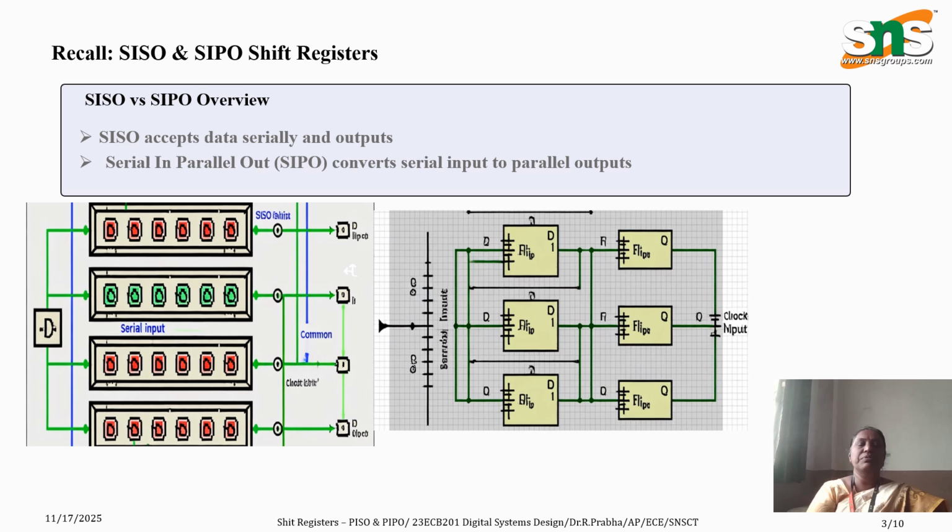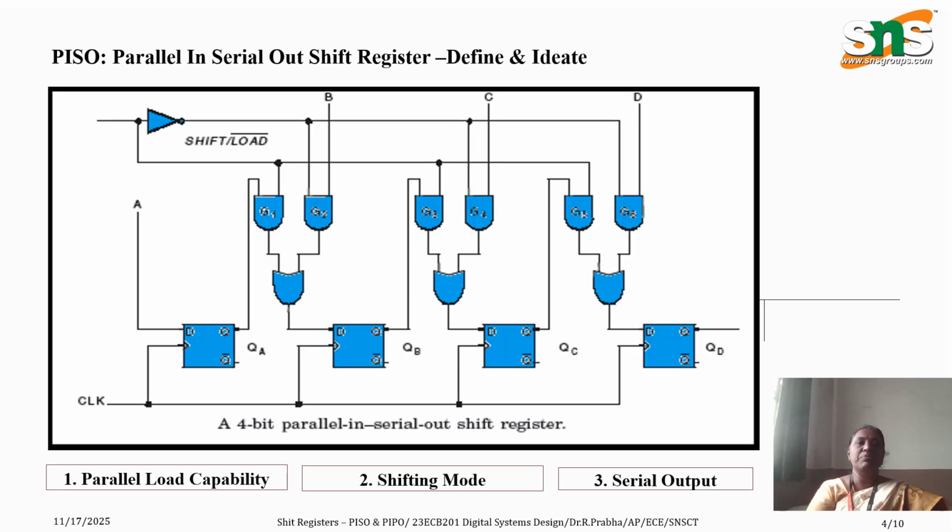In serial in serial out shift registers the output leaves serially, that is one bit at a time, but in serial in parallel out shift registers the input is serial but the output is simultaneously taken in parallel manner. So this is the comparison between the two types of registers.